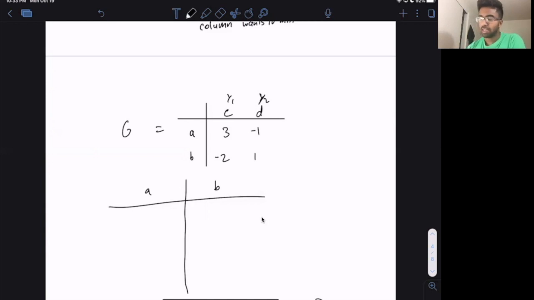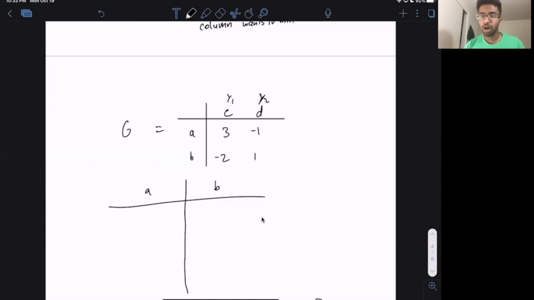We can do the same thing here, right? Row is trying to maximize the expected payoff. If Row plays A, the expected payoff is going to be 3 times y1 minus 1 times y2. And if Row plays B, the expected payoff is going to be -2 times y1 plus 1 times y2, right?